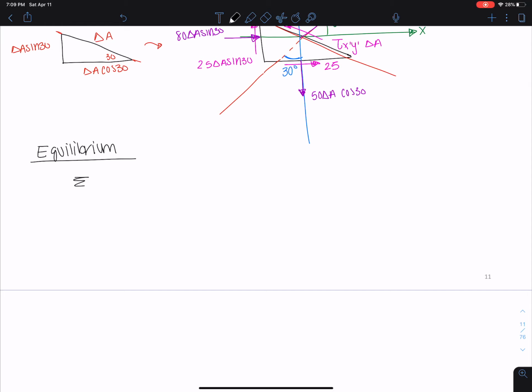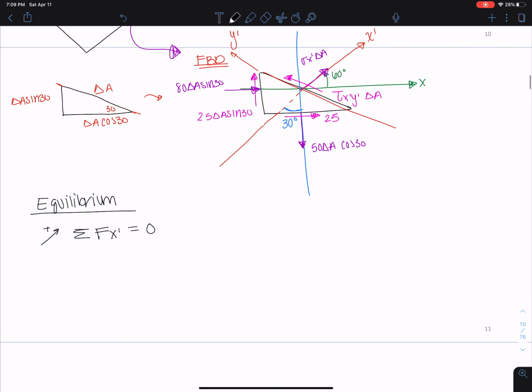Okay, so we're going to sum our forces in the x prime direction, and we're going to set everything equal to 0 here. And we're going to say that's the positive direction. All we have to do is compile everything that's going in that x prime direction.